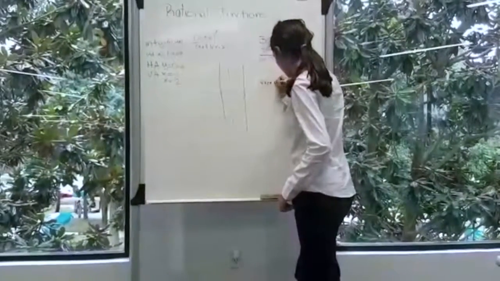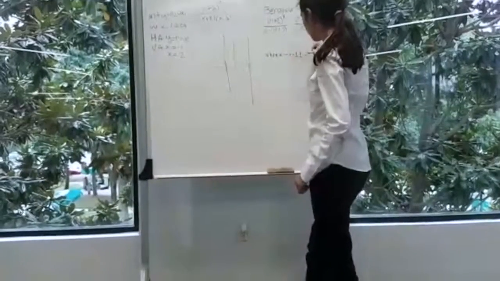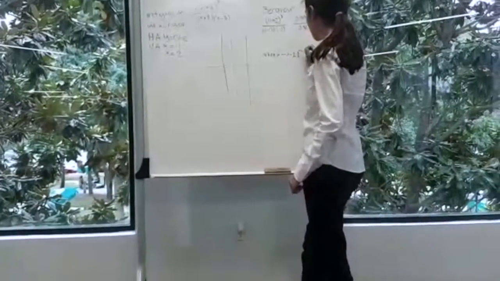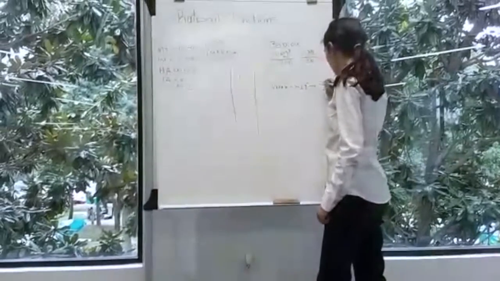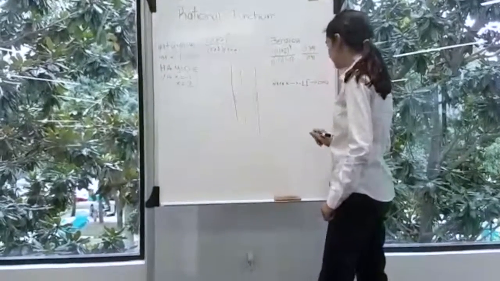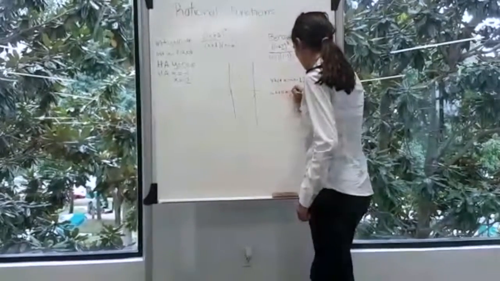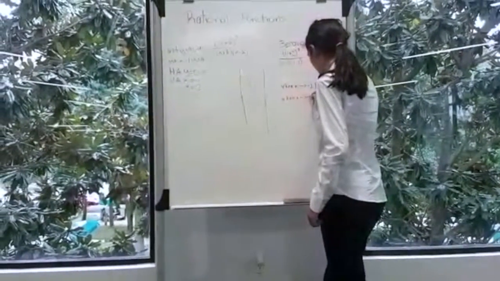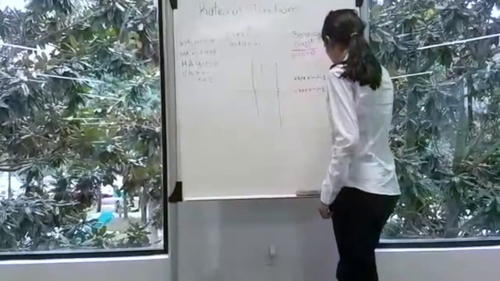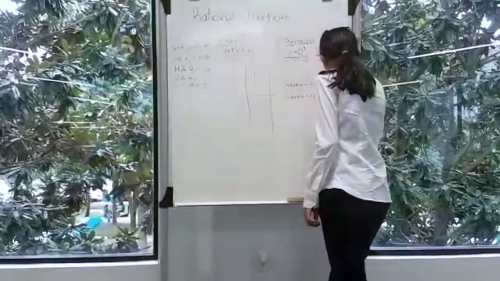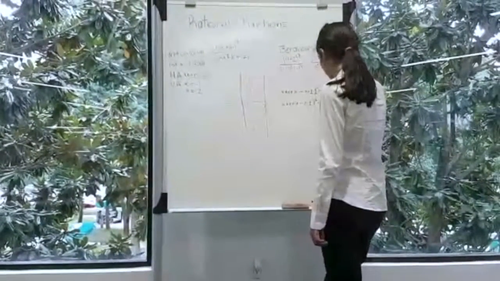This means that when x comes from the negative side of minus 1, the asymptote is going to go infinitely up. And when x comes from the positive side of minus 1, the asymptote is going to go infinitely down.